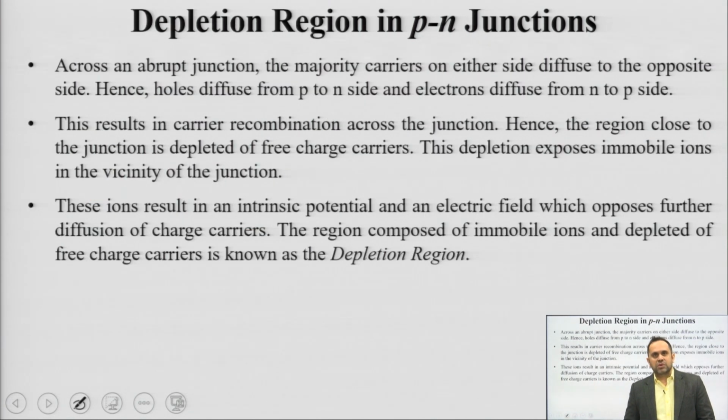Now, we want to study this middle region which I was just talking about on the energy band diagram. What happens in the region very close to the junction? Just few dimensions to the right, few dimensions to the left, whatever action is happening is generally happening at the interface.